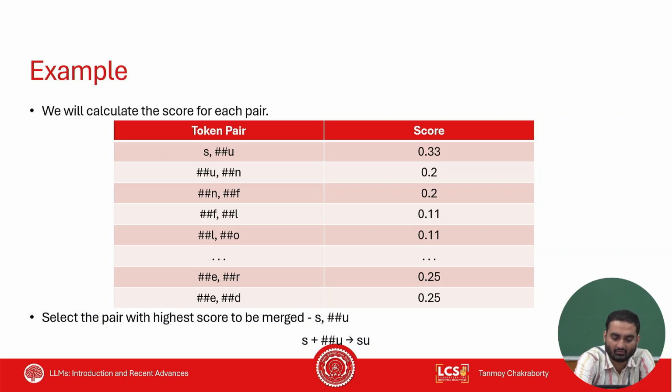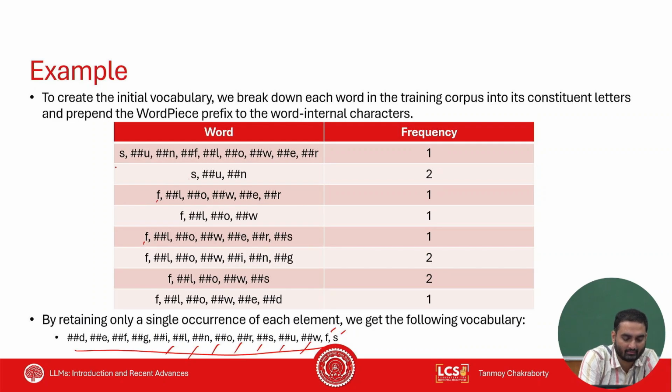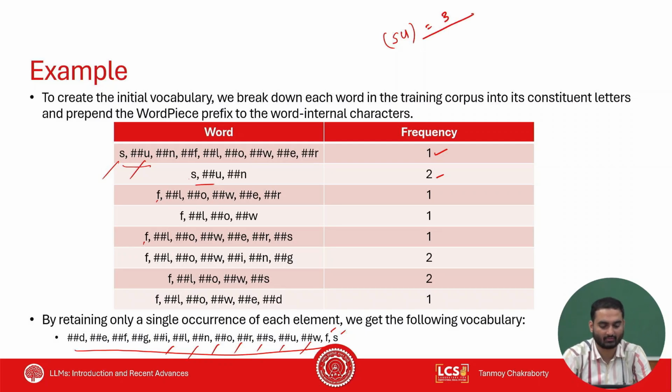Similar to BPE, here also I start with merging a pair of characters. For example, S and U. Let's look at S and U, so the bigram SU. What is the frequency of this bigram? The frequency is 1 plus 2, so 3. Is there any other occurrence of S and U? No, so the frequency is 3. And what is the frequency of S?